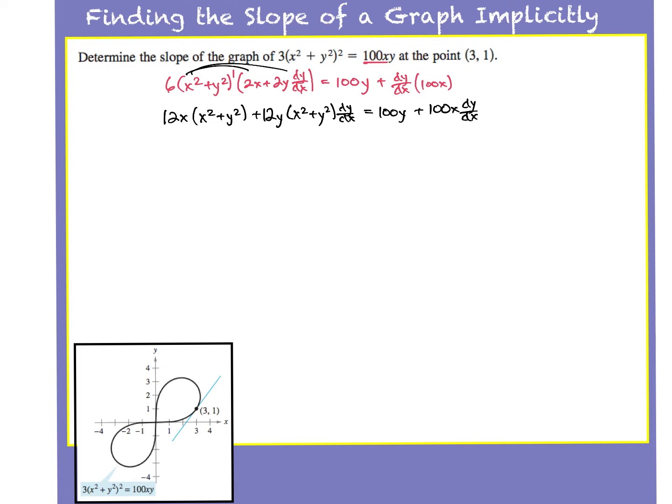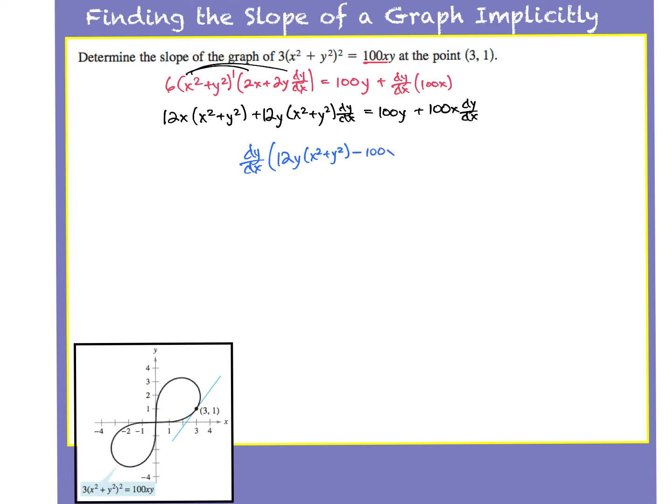So now I'm going to shift some things around. This 12x times x squared plus y squared, I'm moving that to the right. And this 100x dy/dx, I'm moving to the left. So now on my left, I would factor out my dy/dx, and I have 12y times the quantity x squared plus y squared, and then minus what? 100x.